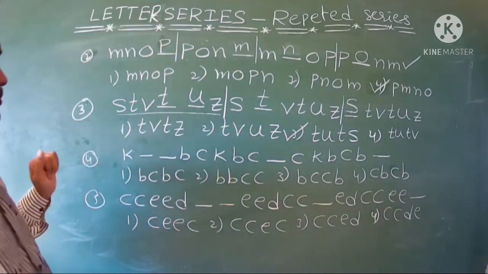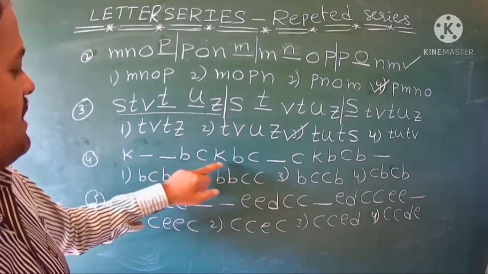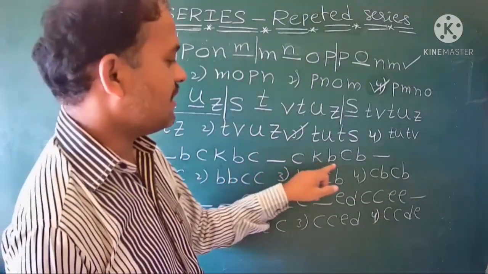Next, the fourth one: K dash dash BCK BC dash CK BCB dash.